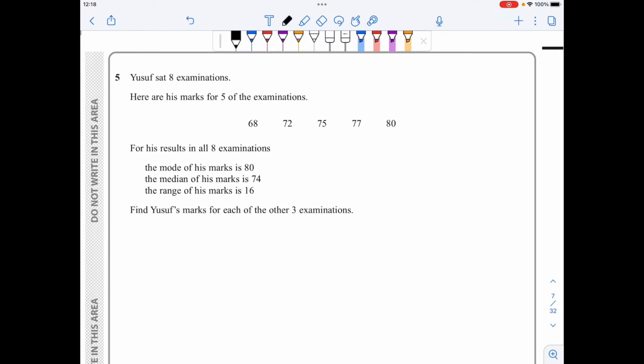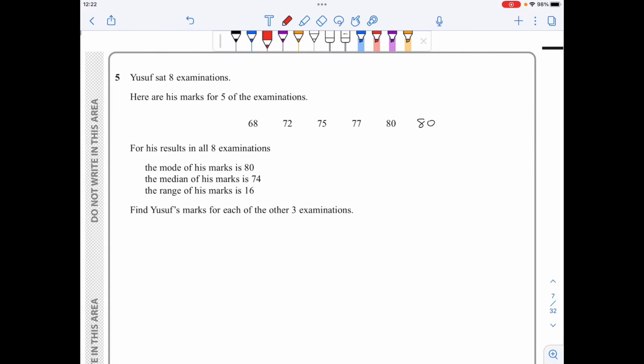In question 5, I am given 5 out of 8 exam marks, and I need to find the missing 3 marks based on these characteristics. Because the mode is 80, that means I will have at least one 80. And the question now is, do I have a second 80 or not?